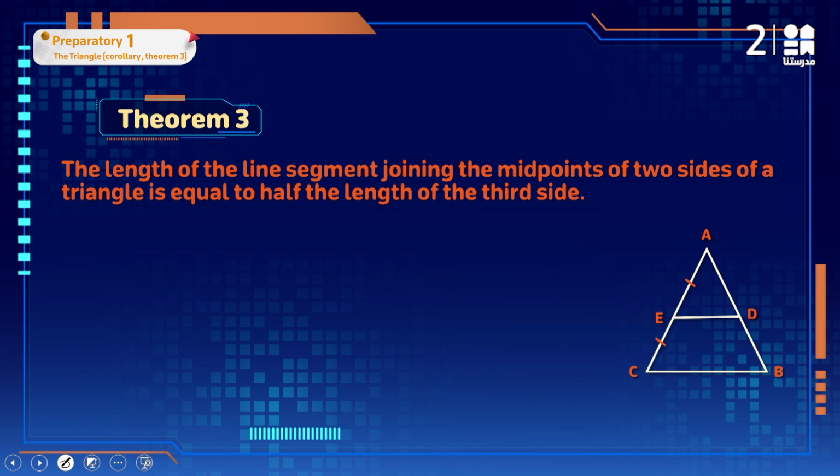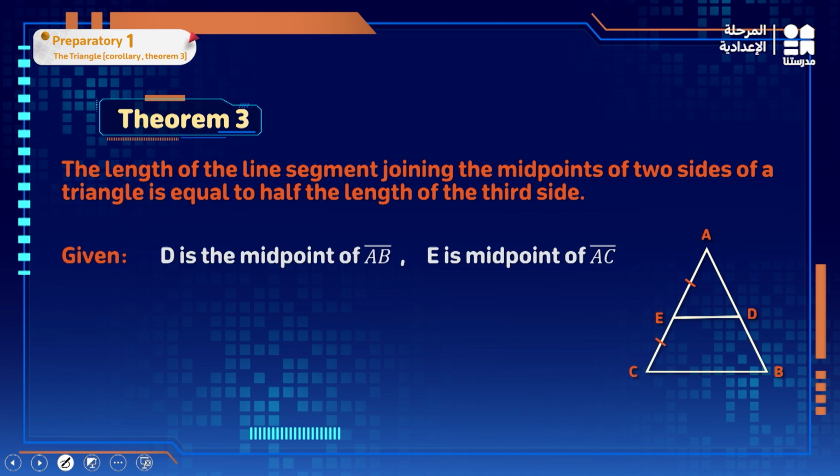We are going to work on this one. We are going to take more exercises to be clear for you. Okay, theorem 3. The length of the line segment joining the midpoints of two sides of a triangle is equal to half the length of the third side. Okay, let's prove it.